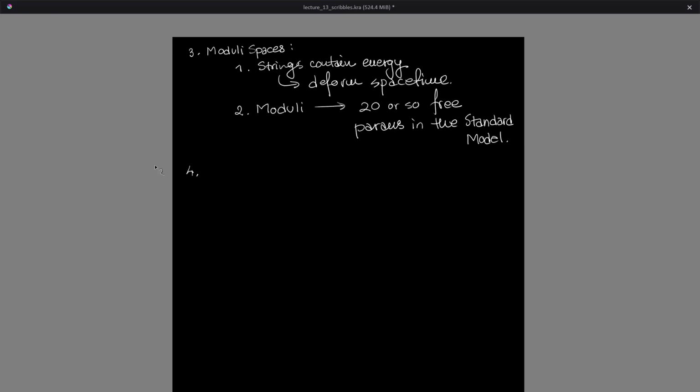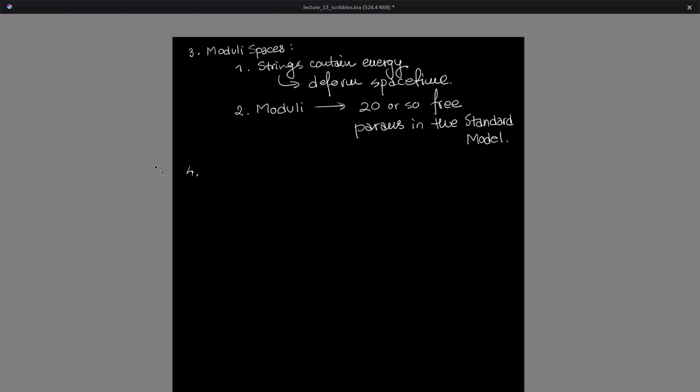Number 4, in addition to the free parameters that we talked about already, we could also produce the internal symmetry group. So far, the Poincaré group is the external or spacetime symmetry group of particle physics.